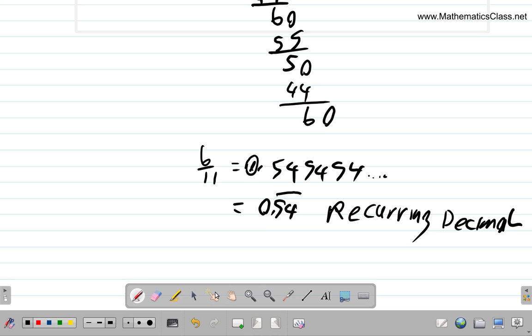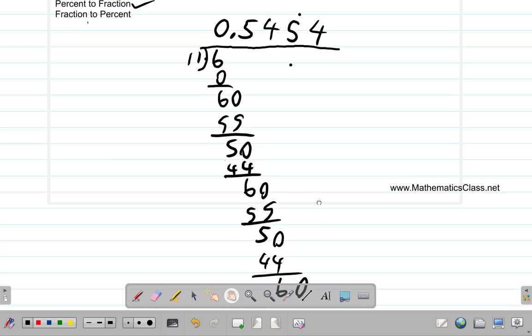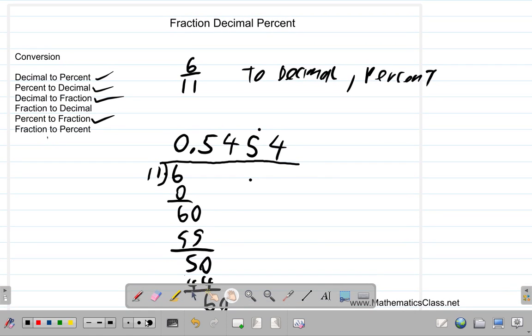Now here, what you have is 6/11 as a decimal, 0.54 repeating. As a percentage, you multiply by 100 and then write it to whatever number of decimal places you want. 0.545454 multiplied by 100 is 54.54.